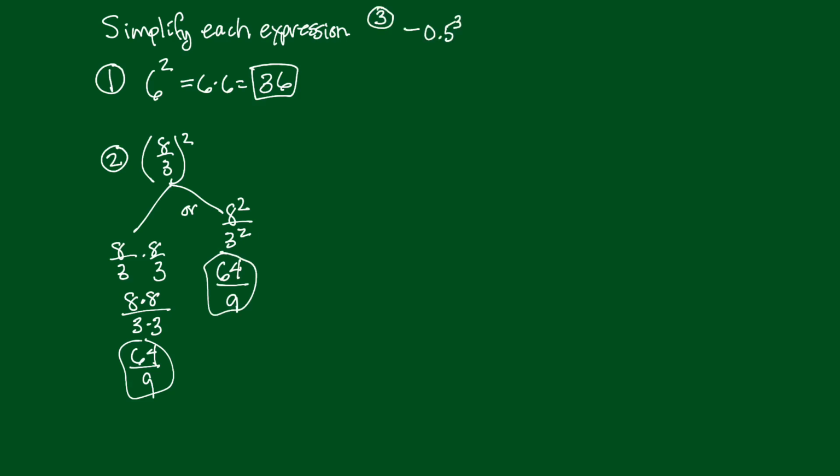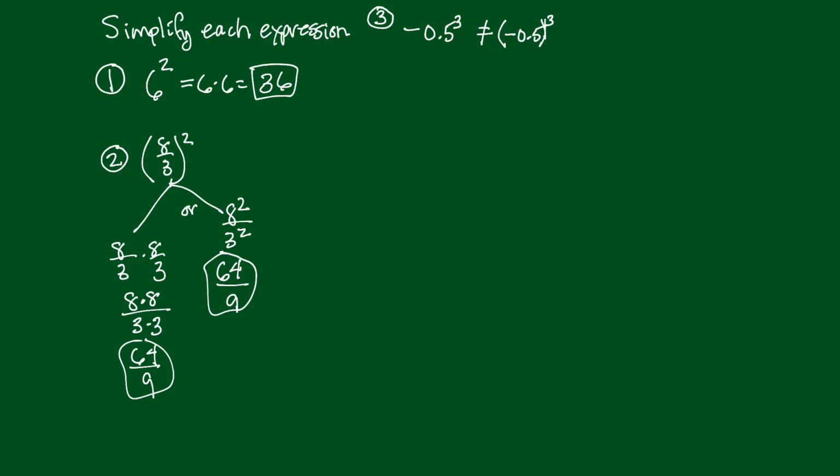Now let's be careful in this number 3. What is being cubed? What's being cubed is just that 0.5. This is not the same as negative 0.5 cubed. In this case, the cube applies to the negative, but we don't have that in our problem here. We just have the 3 applying to the 5.